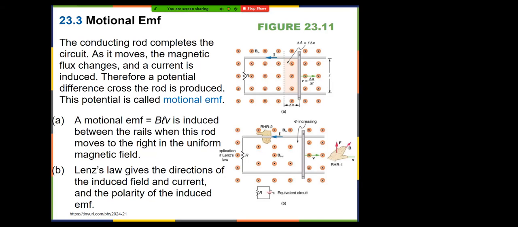To oppose that increase, you want the flux reduced, which is done by having the induced magnetic field in the opposite direction. Then you can determine the direction of the current using your right hand rule: your four fingers curve in the direction of the induced magnetic field, and the thumb points in the direction of the induced current.